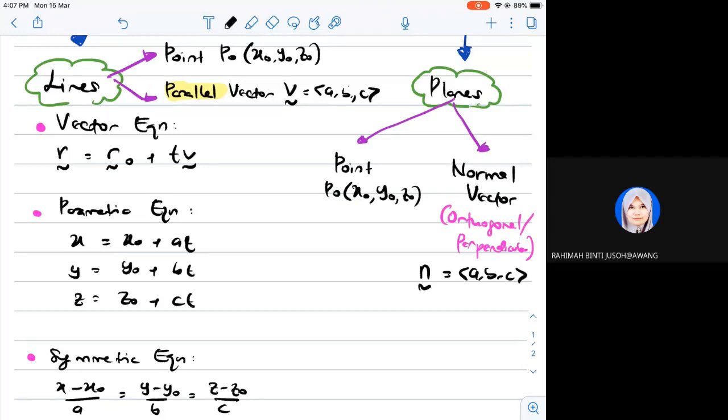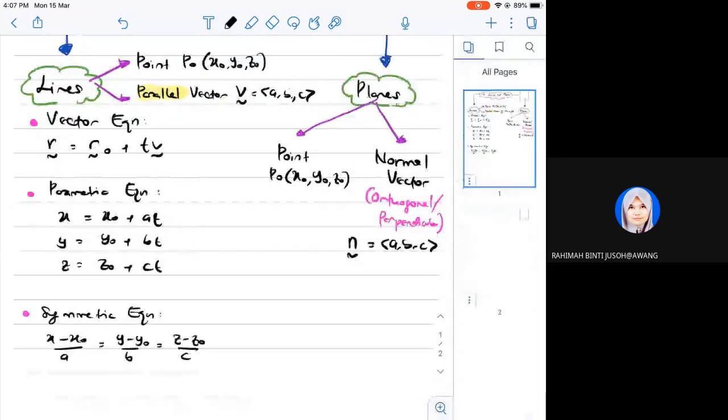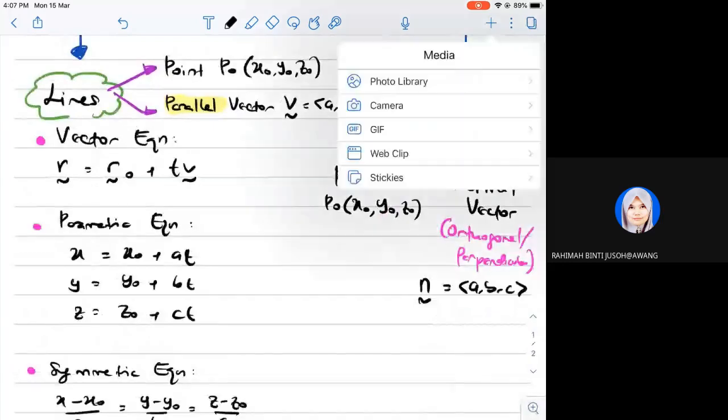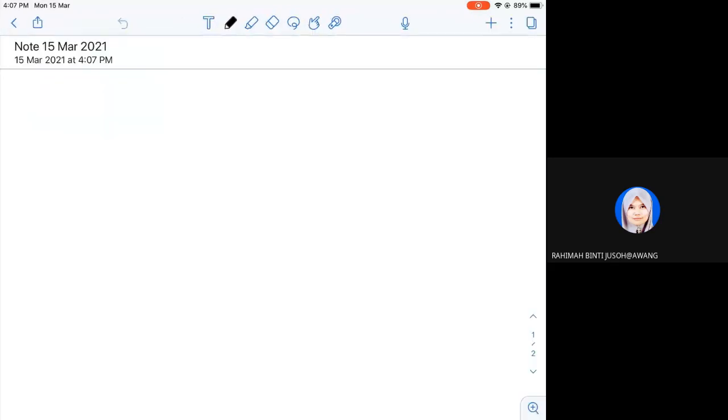Okay guys, actually we can also write the vector as i, j, k. Vector, we can use a, b, c like this. This is called a sharp bracket, or angle bracket. It's the same thing, this is for vector.